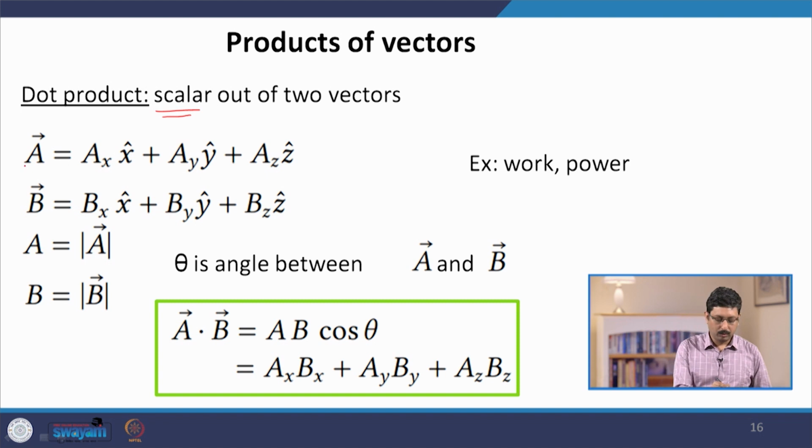Suppose you have two vectors A and B. Let us say we write A in Cartesian components. Its components along the x, y and z directions are a x, a y and a z. So, A will be a x times the unit vector along x, plus a y times the unit vector along y, plus a z times the unit vector along z. These are vector additions.